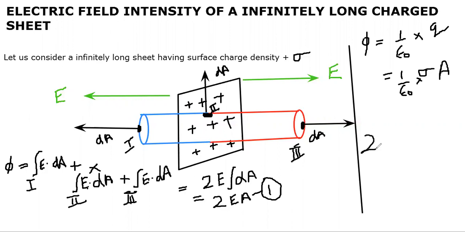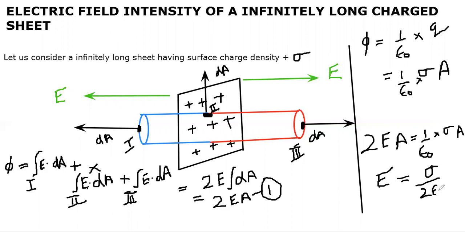If you compare, what you get is 2EA is equal to 1 by epsilon naught into sigma A. So area and area cancel out each other from both sides, and the formula of E in this case comes to be sigma upon 2 epsilon naught.